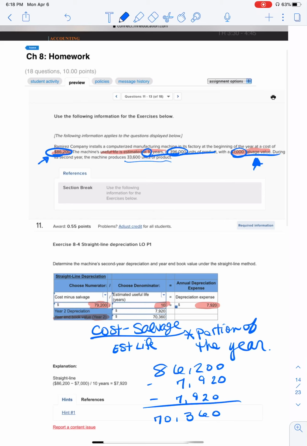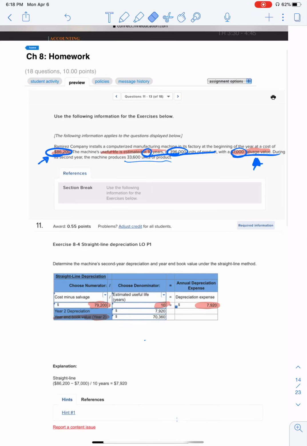Now, another question I could ask you, right? This question doesn't, but I could ask you, instead of calculating my ending book value, I could ask you, well, what is my balance in accumulated depreciation at year 2 end?